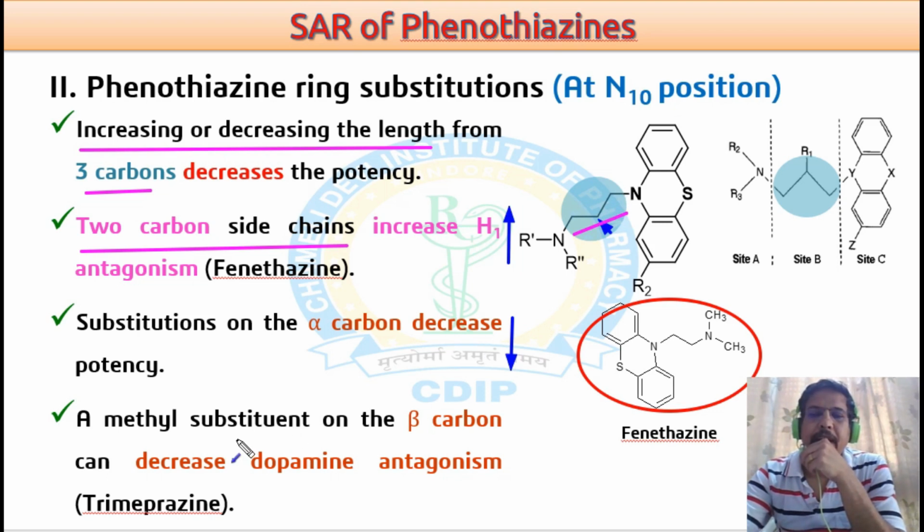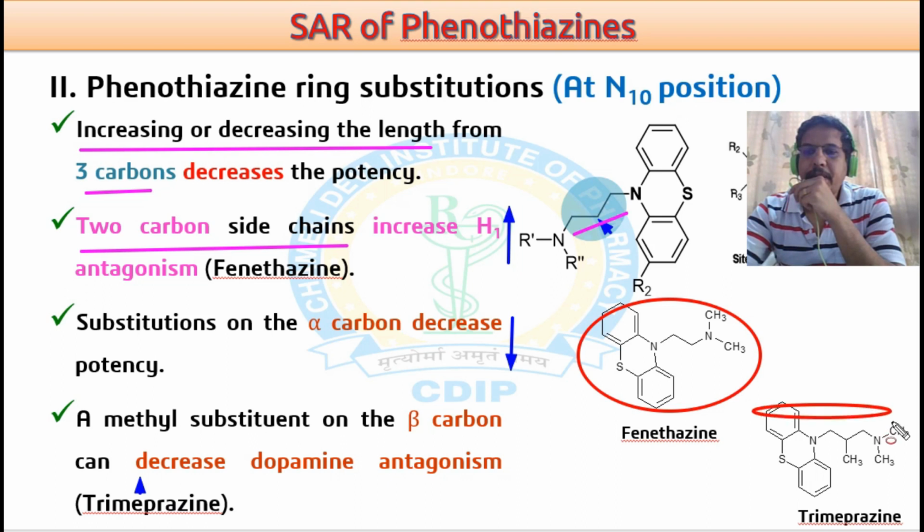And again the methyl substitutions on the beta carbon, that is this one, if you go for the substitutions, then the dopamine antagonist activity again decreases. The example is trimeprazine.